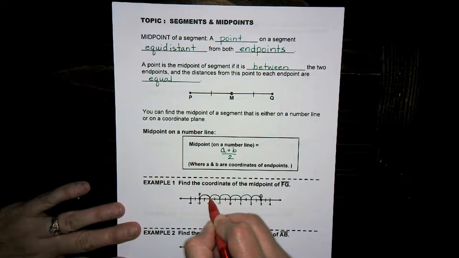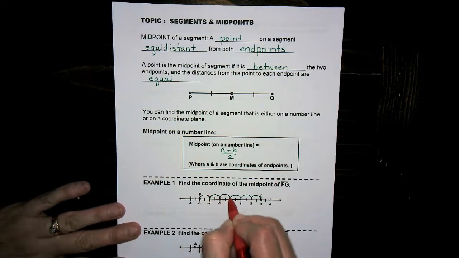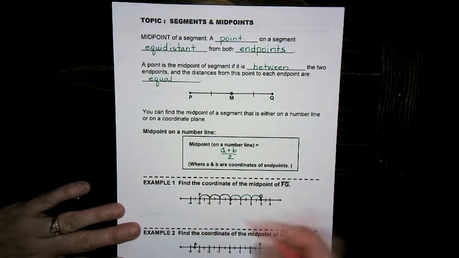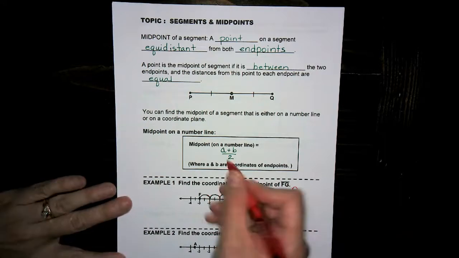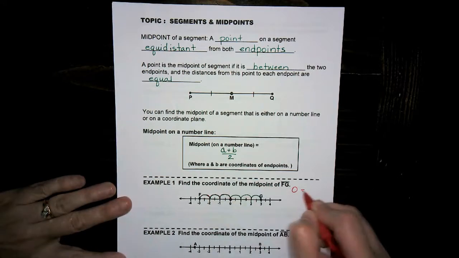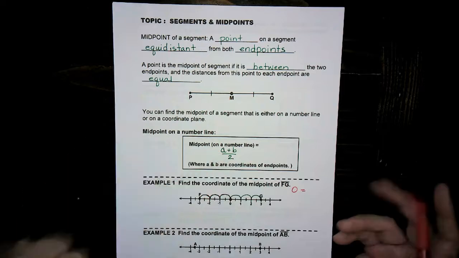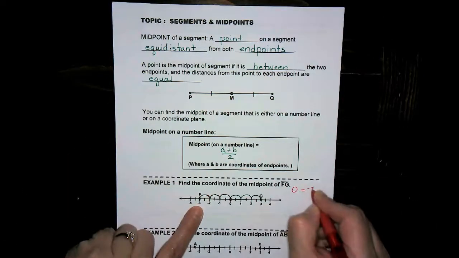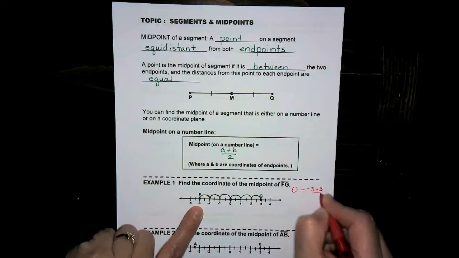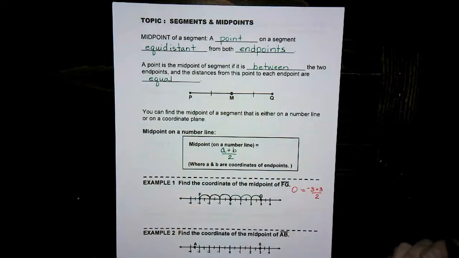So we'll just go 1, 2, 3. So actually 0 here is the midpoint between F and G. Let's test out our formula that says we actually add the 2 and divide by 2. So we'll add -3 plus 3 and we'll divide by 2, and that does give us 0.